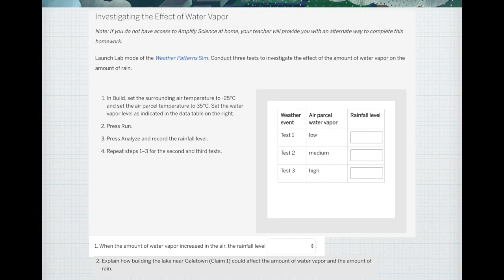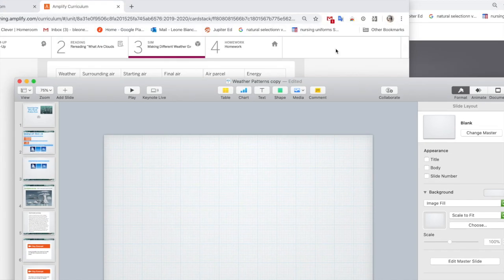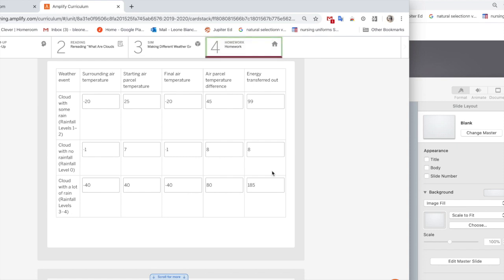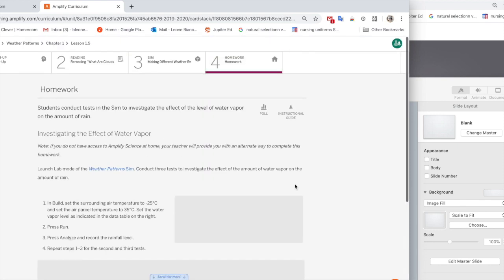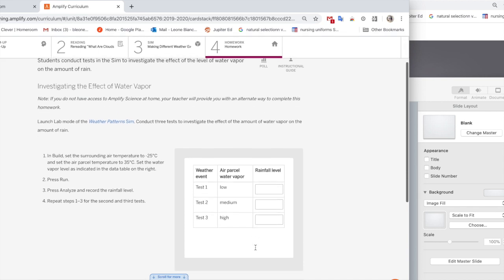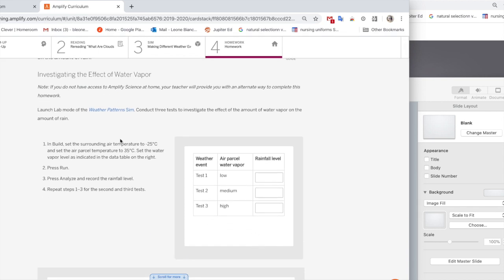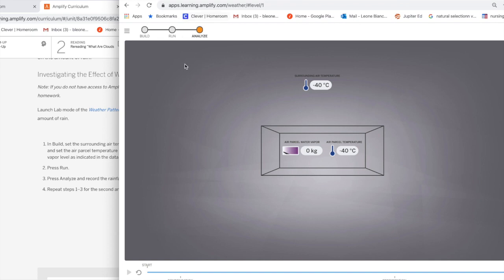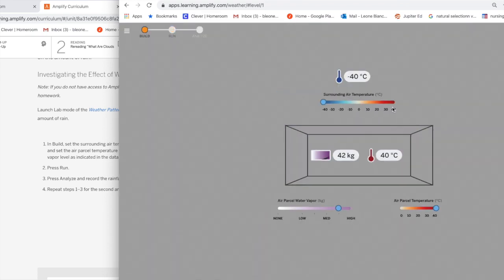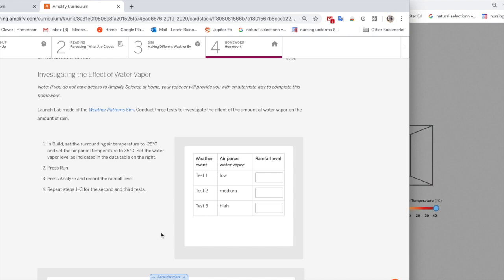If you look at page 28 in your book, it asks you to measure keeping the outside temperature at 25 and the air parcel at 35.